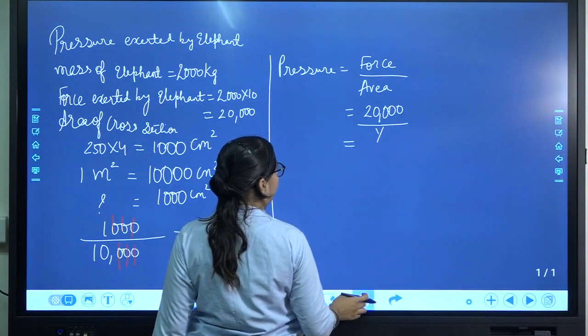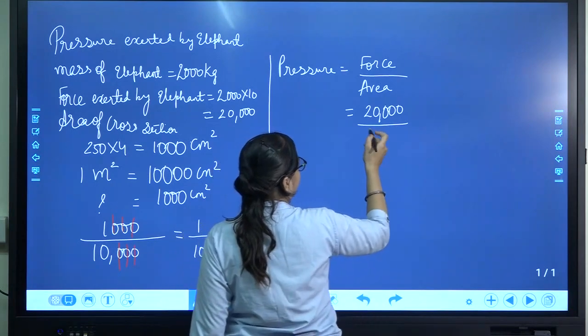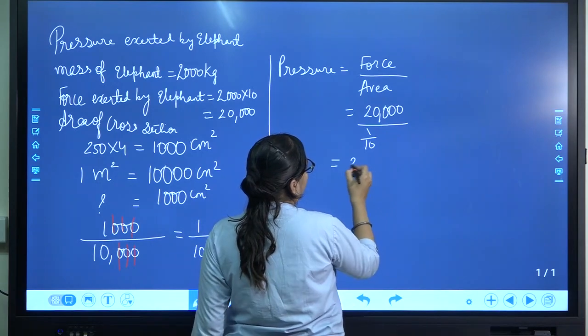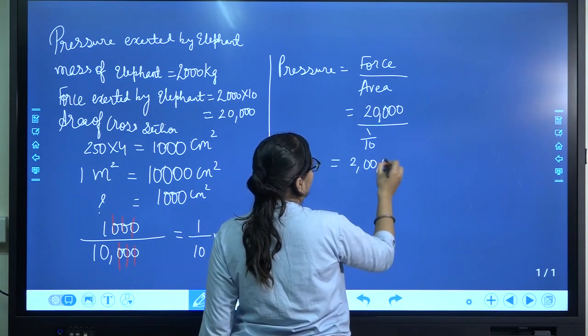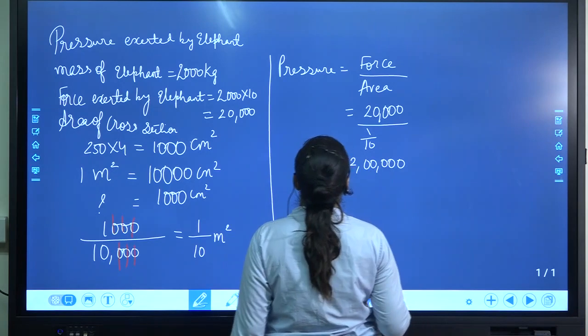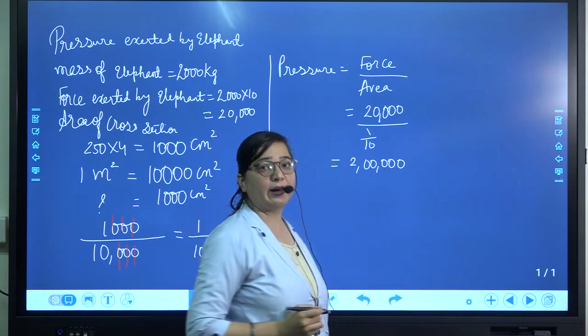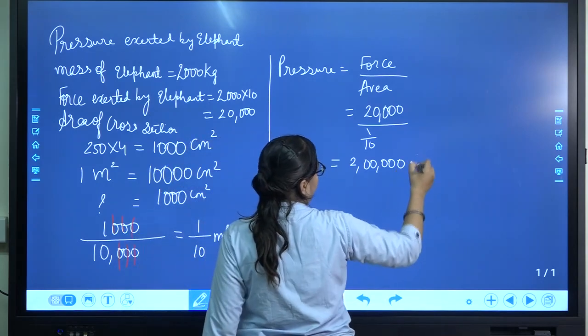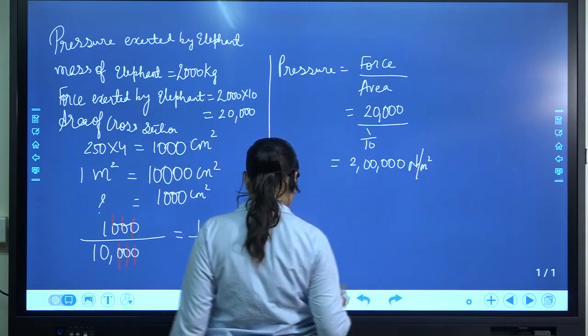Denominator's denominator, where will it go? Into the numerator. So you are having 2 lakh, and the pressure exerted by elephant is 2 lakh Newton per meter square.